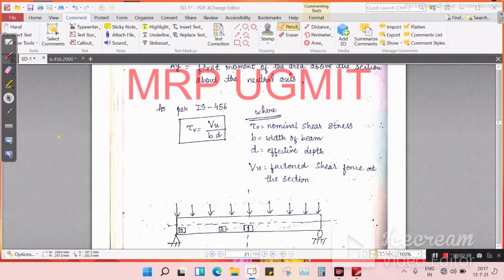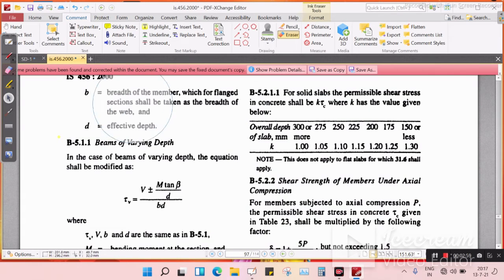Next. As per IS 456, tau V is equal to Vu by bd. Tau V is the nominal shear stress, b is the width of the beam, d is the effective depth of the beam, Vu is the factored shear force of the section.